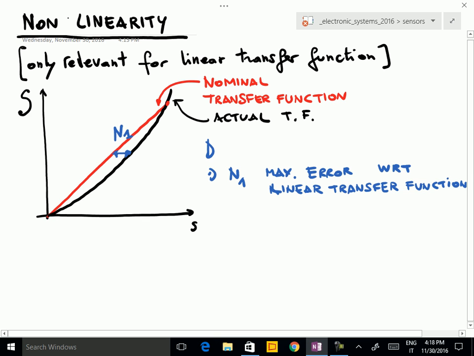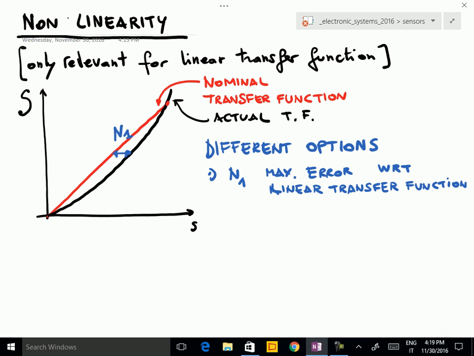There are different options actually to define the nonlinearity. This is the most common, but one has to be careful because sometimes the nonlinearity is defined in a different way, and so one must understand what is the case. Sometimes it is defined with respect to the best straight line, so the straight line which fits the actual transfer function the best. So for example, in this case, this could be the nonlinearity.